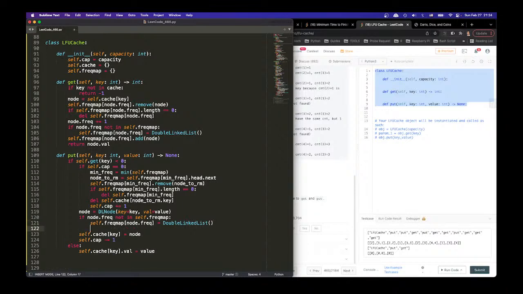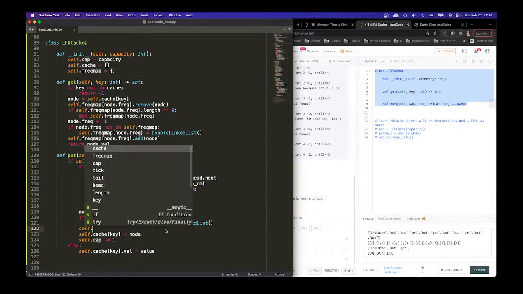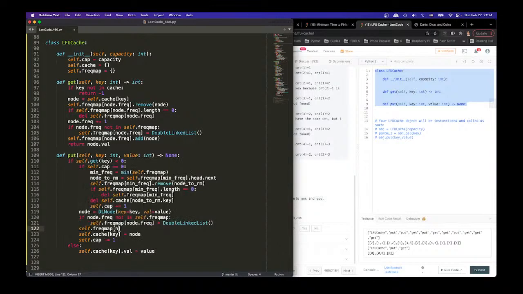And then self.frequency map, let's just do 1. We know this is a 1, because we're trying to put node into it. It's not in there, right? So we say frequency map 1 dot add node. Alright.